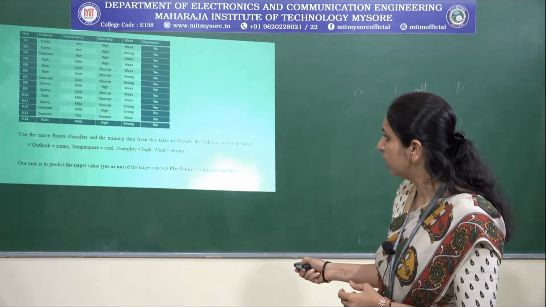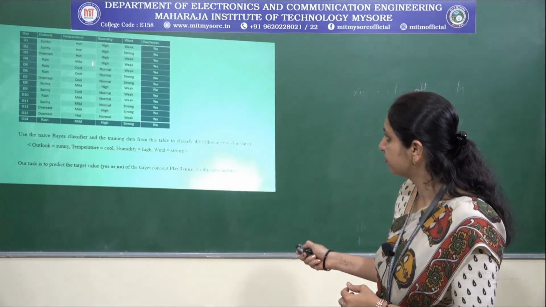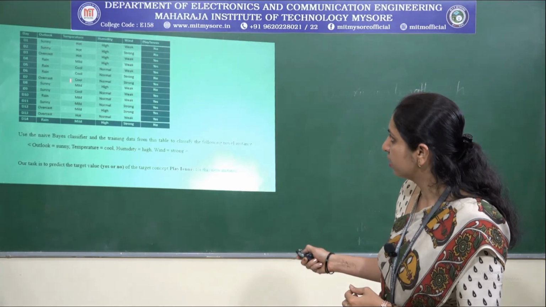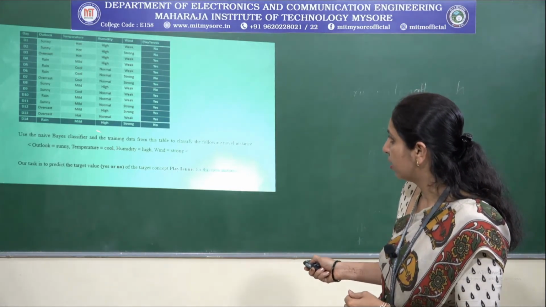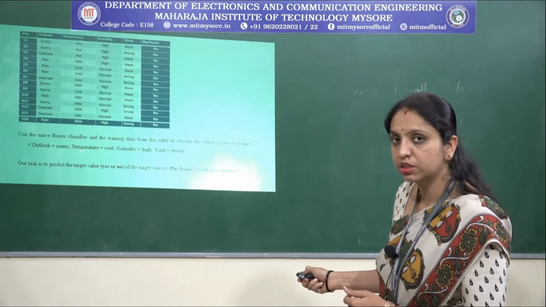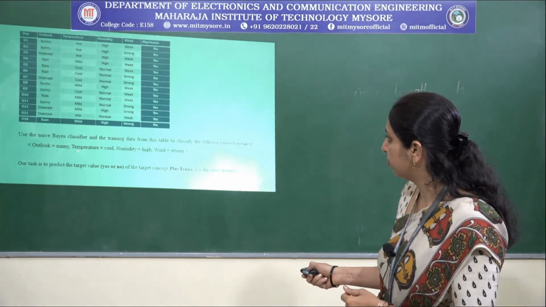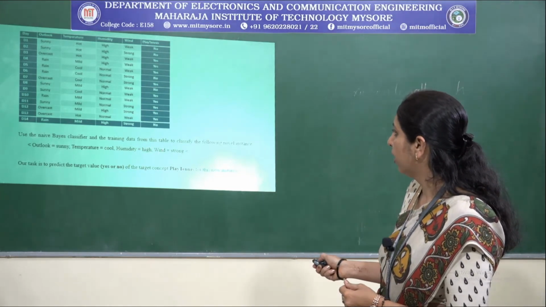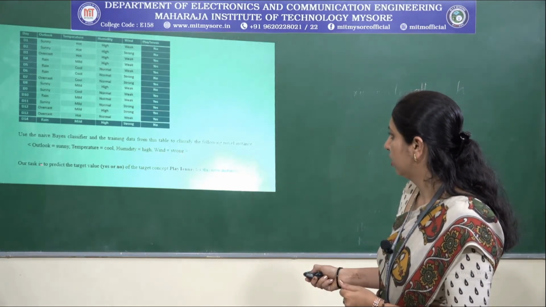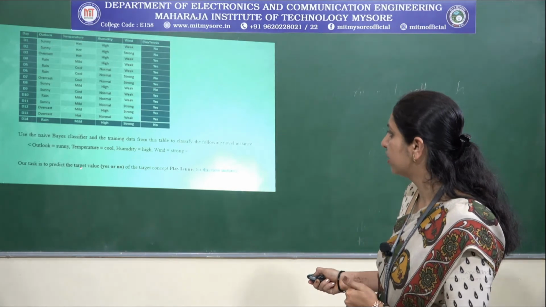Outlook is equal to sunny, temperature is equal to cool. Under temperature we have hot, mild, cool, but out of all three, the new instance has come with temperature equal to cool, humidity is equal to high, and wind is equal to strong. Our task is to predict the target value.